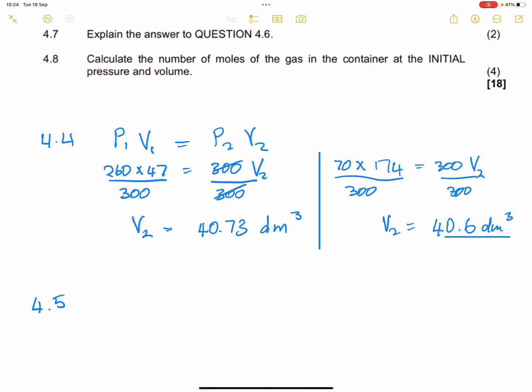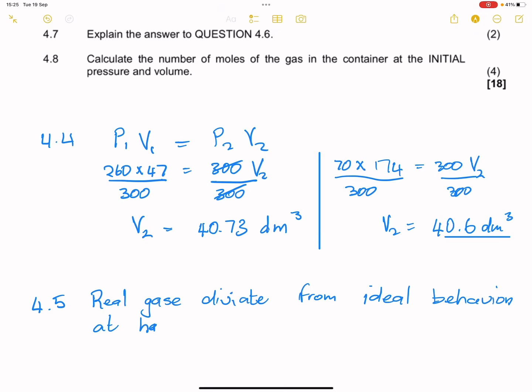So we can simply explain that real gases deviate from ideal gas behavior at high pressures.